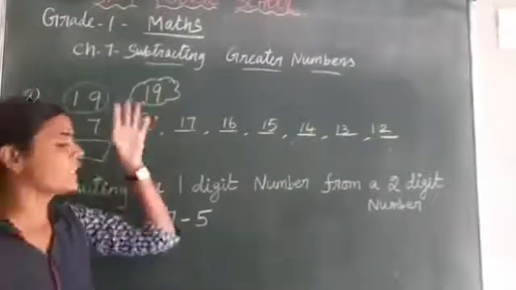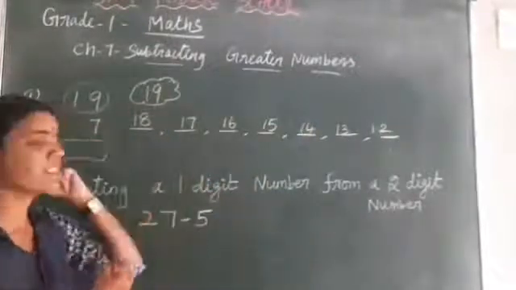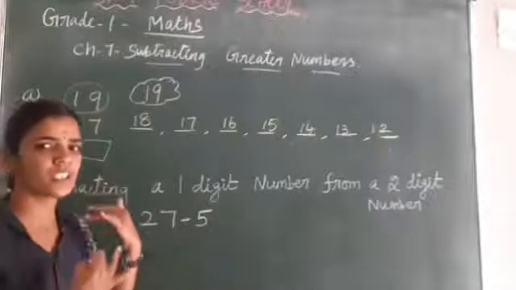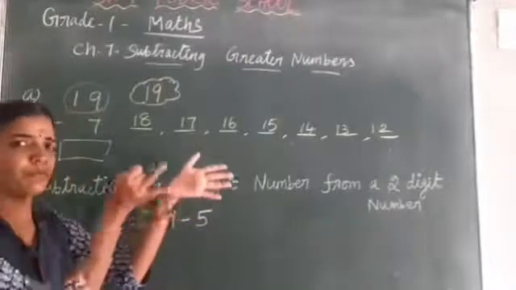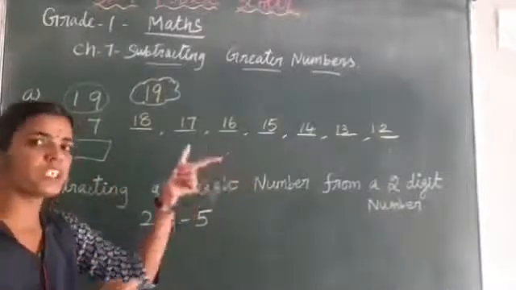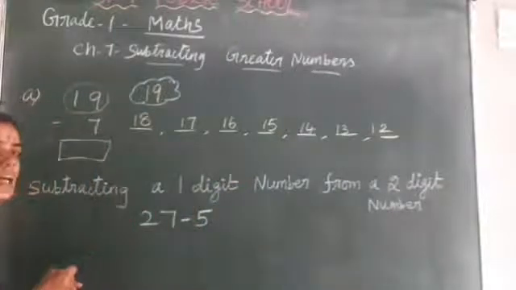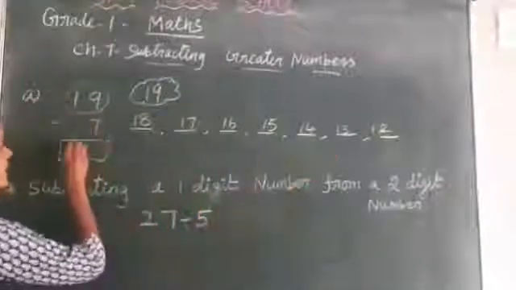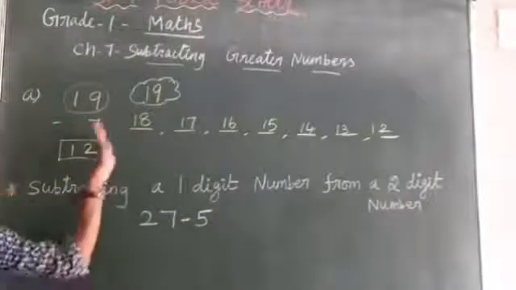You have to use your finger also. Move backward 7 steps. Start with me: 19, before that 18, 17, 16, 15, 14, 13, 12. Which number is coming at last? That is the answer. The answer is 12. Okay, this is the main concept.